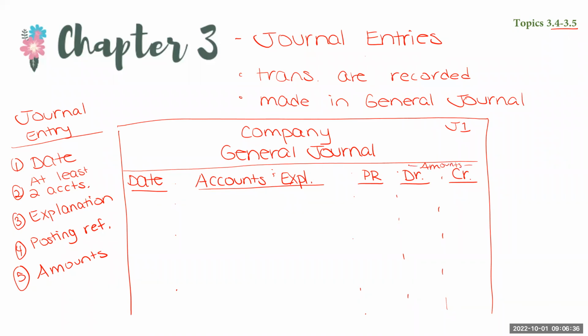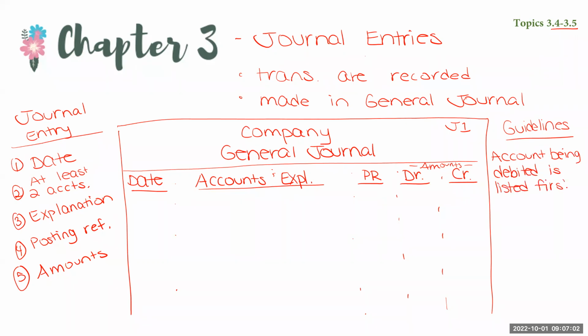Okay, some additional guidelines to help you when we're doing journal entries. Because you're going to have two accounts, you might be wondering, well, which one comes first, right? The account being debited goes first. It is listed first.